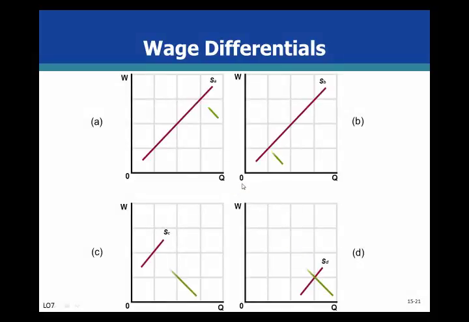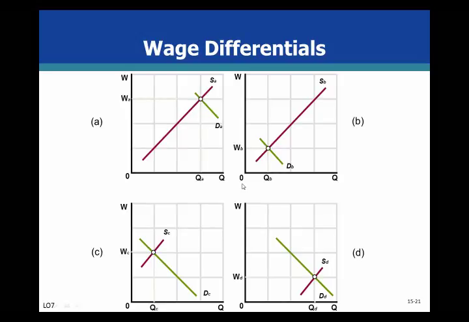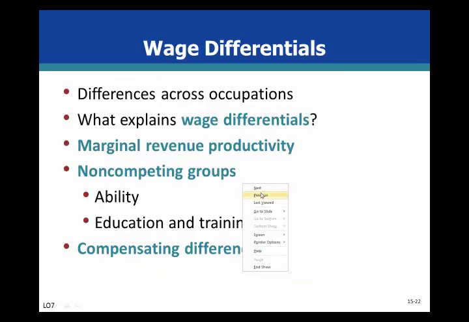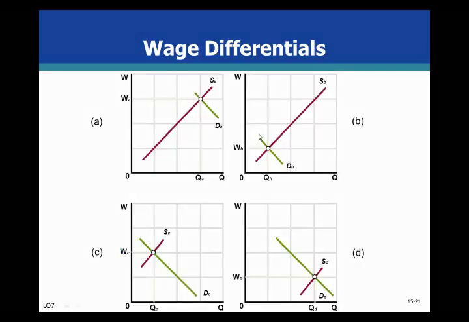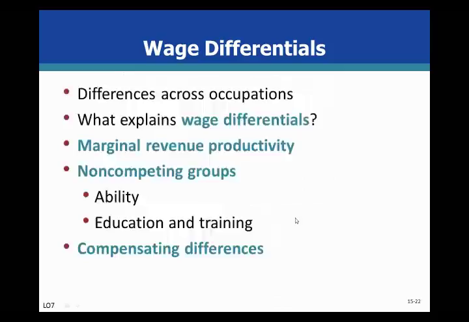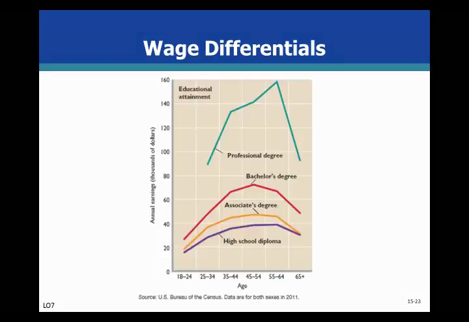Wage differentials, and this slide will show quite a few, depending upon occupations. Also, across occupations, there is a differential depending upon if it's competitive or not, and the education, the training, and the ability that it takes for you to achieve that particular position.